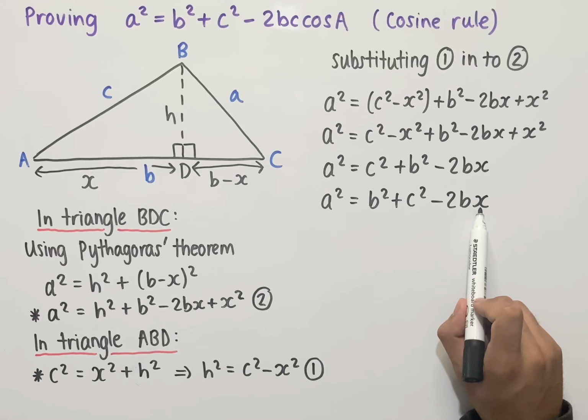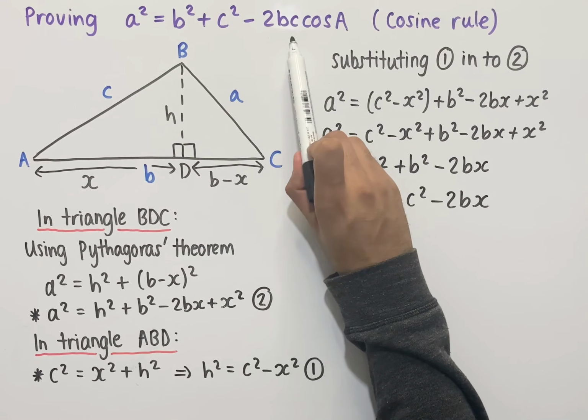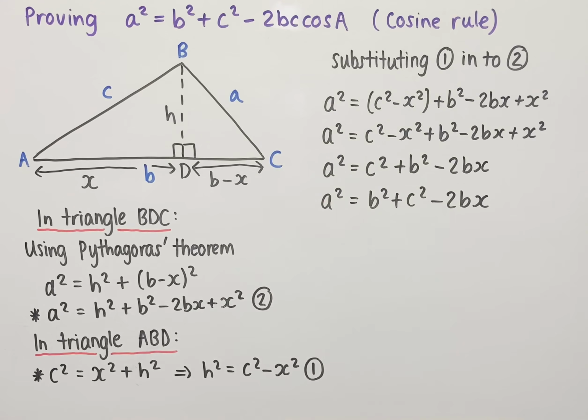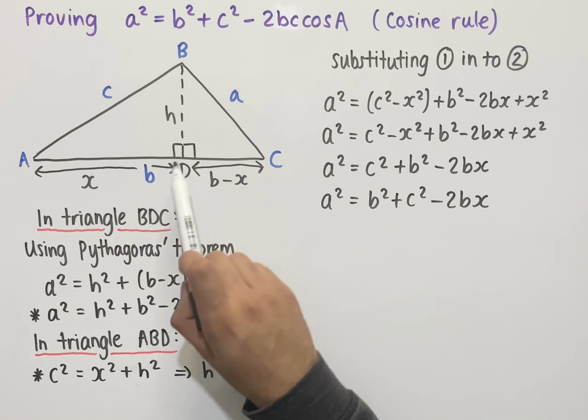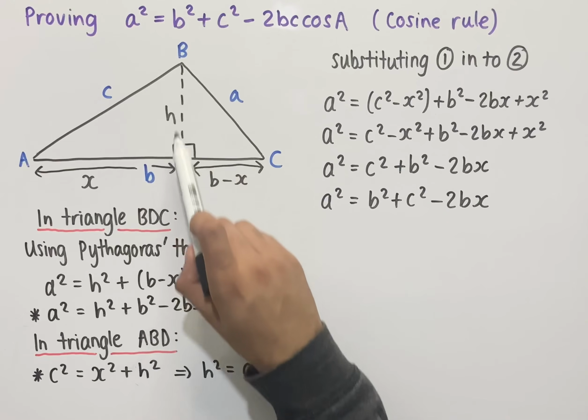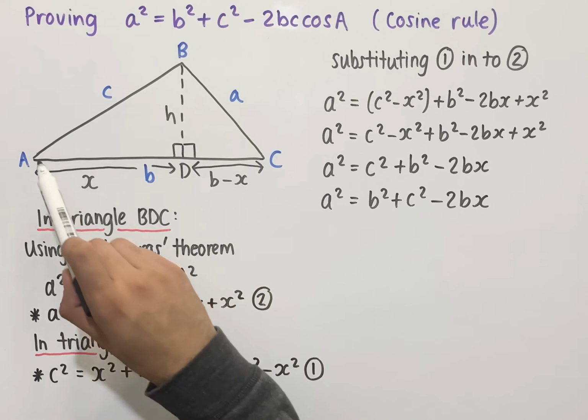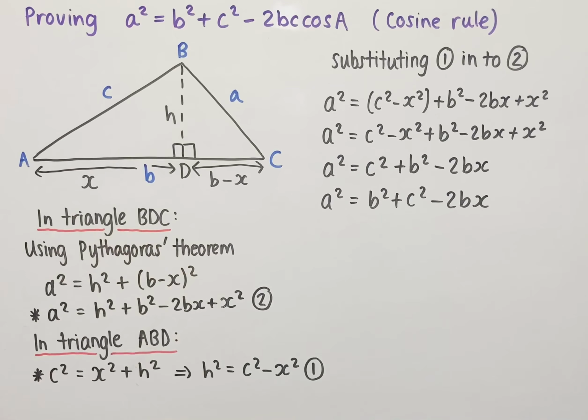Instead of having x, we need c multiplied by cos a. Since we have cos a, we see that in this triangle, we have a right angled triangle on the left, where the vertex here is labeled a, and so we can work out cos a to obtain an expression for x, which we can then substitute in.